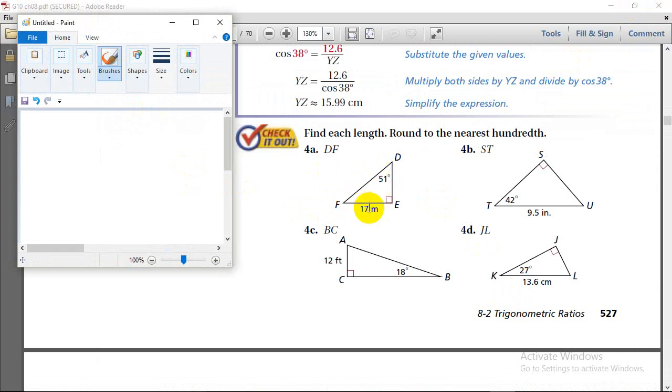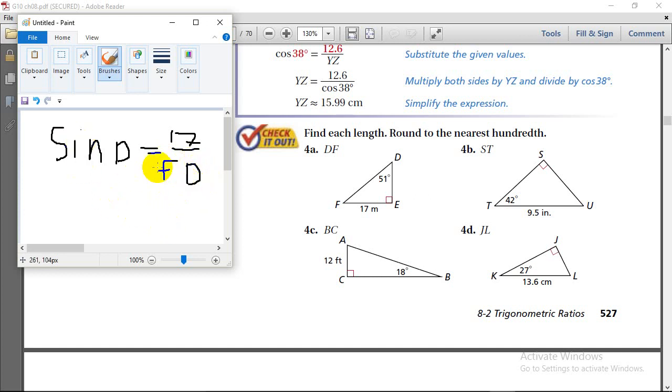I have its opposite. So I'm going to use the sine. Sine D equals the opposite, which is 17, over FD, which I want, which is the hypotenuse.